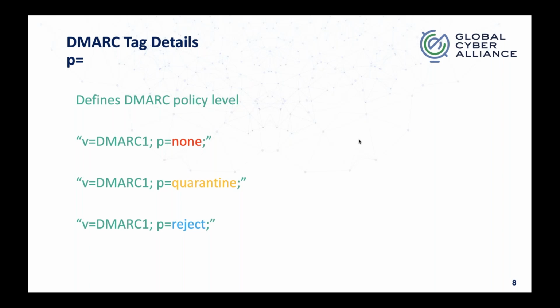Now, the other thing to take into account with the p tag: what does it apply to? It applies to the domain that you are applying the policy to, as well as the subdomains of that domain.